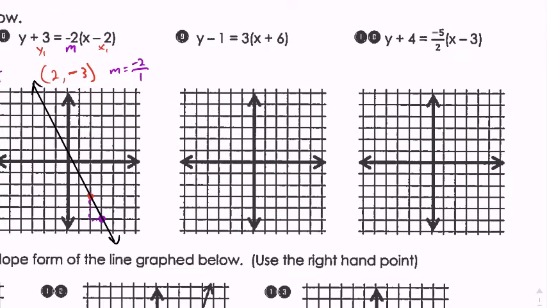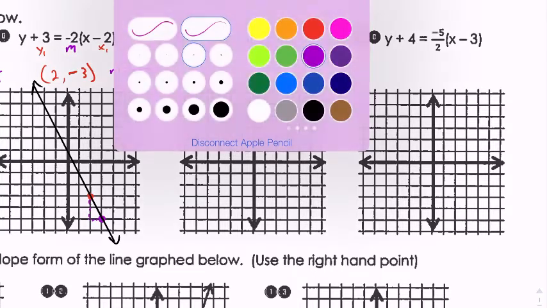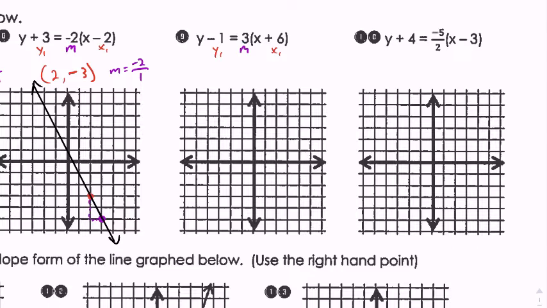Okay. The next two, again, we've got y1, x1. We have m. So now our point, again, the opposite of positive 6 is negative 6. Opposite of negative 1 is positive 1. So there's your point. Our slope is 3 over 1.